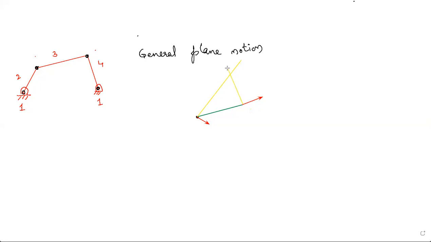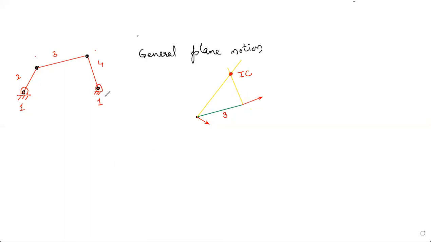So now I have got the exact center of rotation of that link, which is this point, and it can be named as the instantaneous center. It means that at that instant of time, link 3 is in complete rotation, right? You can see that it can be assumed to be in pure rotation about this center.